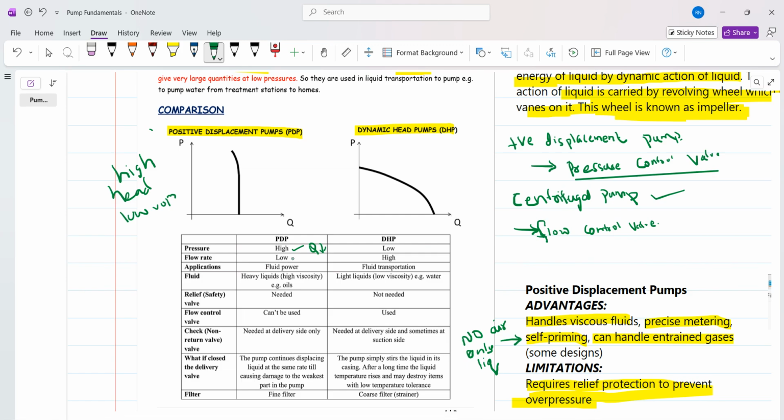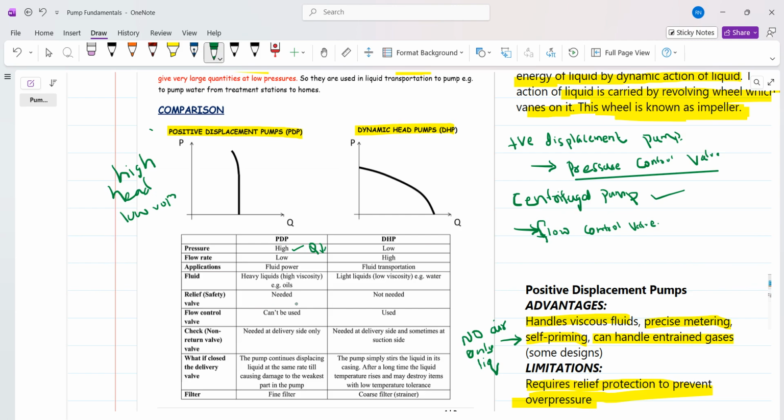So the applications are fluid power for positive displacement pumps, and fluid transportation for dynamic pumps. Fluid power like heavy viscous fluids, right? In dynamic there are light fluids.